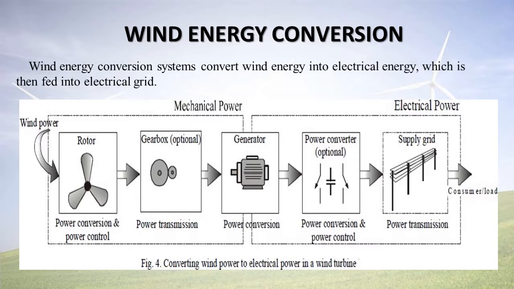Gearbox is used to adapt the rotor speed to the generator speed. Generator with variable speed, when turbine along with electronic inverter absorb mechanical power and convert it to electrical energy.